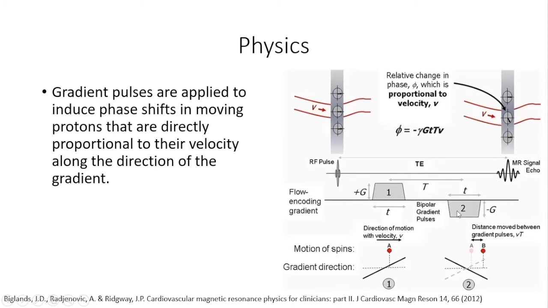A second gradient of the same amplitude and duration is applied, but with opposite polarity. So in stationary nuclei, there is reversal of the phase shift of the same amount, cancelling the original with no net phase shift. However, flowing nuclei have changed position. So the phase shift is proportional to the velocity of the nuclei.